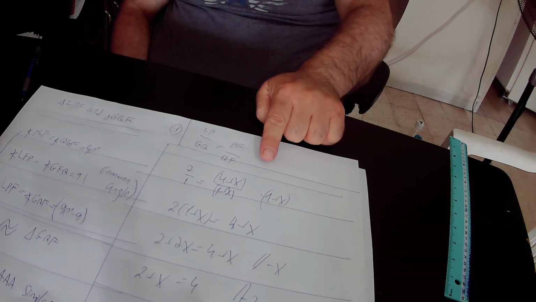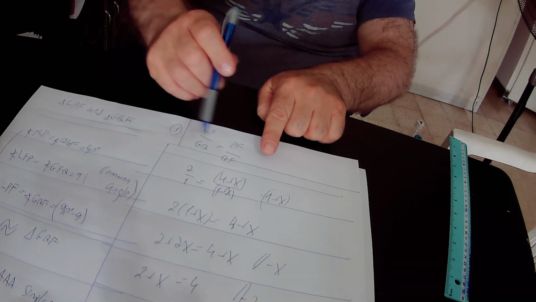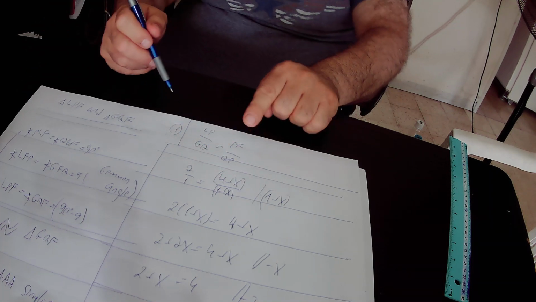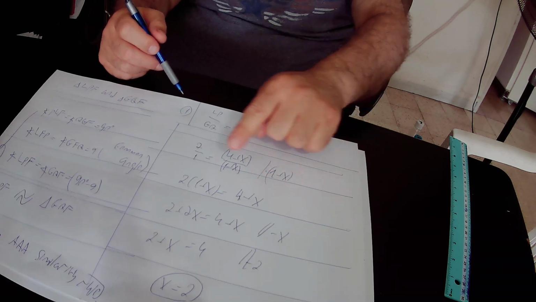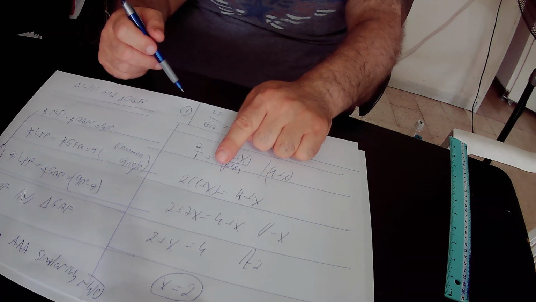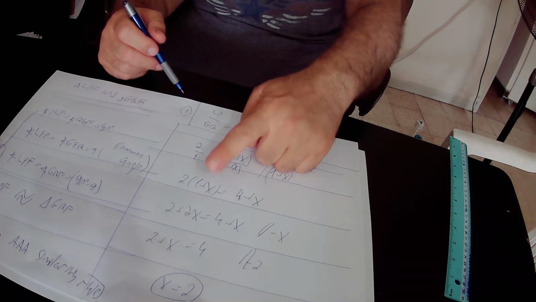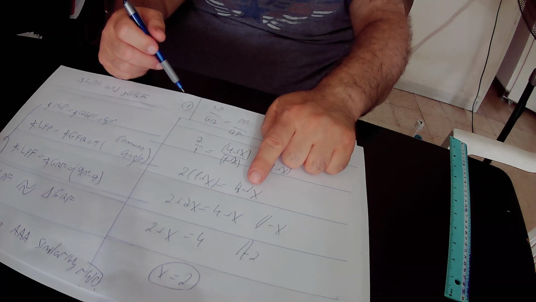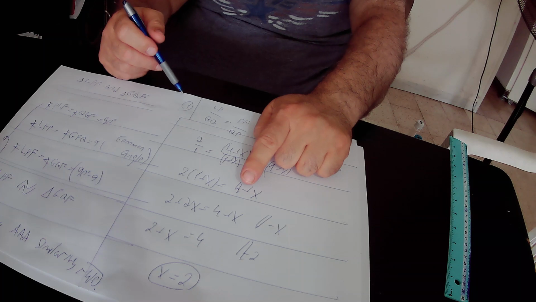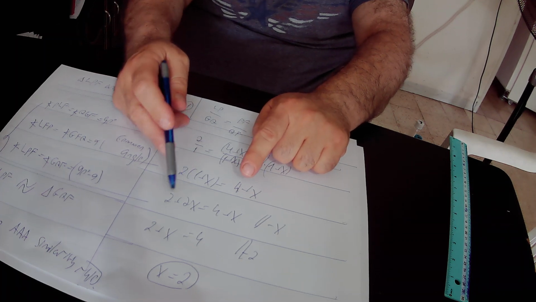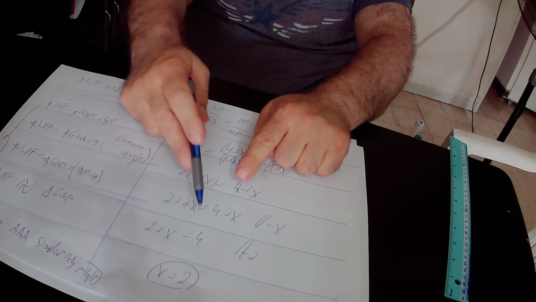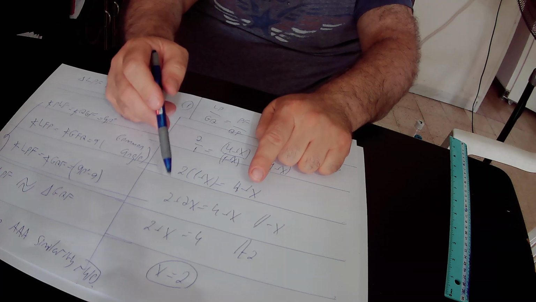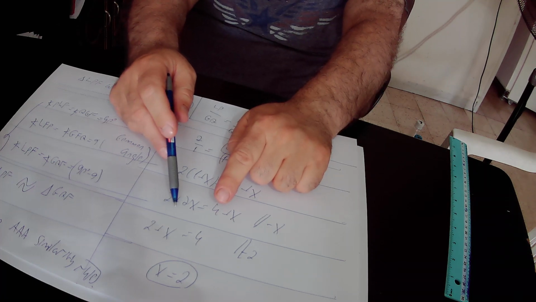Here we multiply this equation by 1 plus x. And so we found that 2 times 1 plus x equals 4 plus x. We open the brackets here and find that 2 times 1 is 2, plus 2x equals 4 plus x. Here we subtracted x from both sides, and finally found that 2x minus x is x, so in total on this side of the equation we have 2 plus x equals 4.